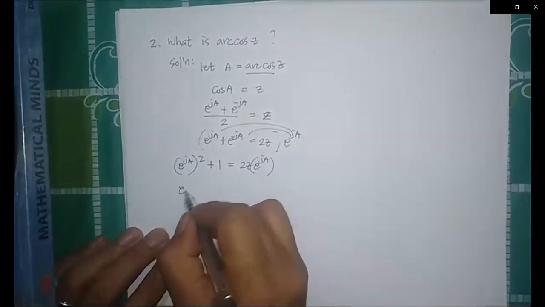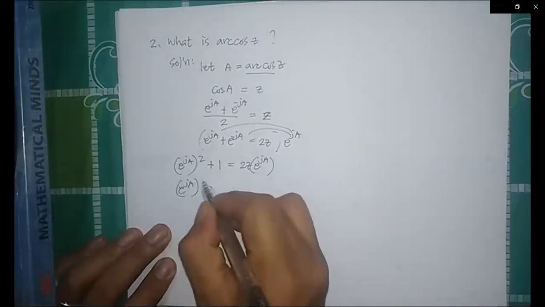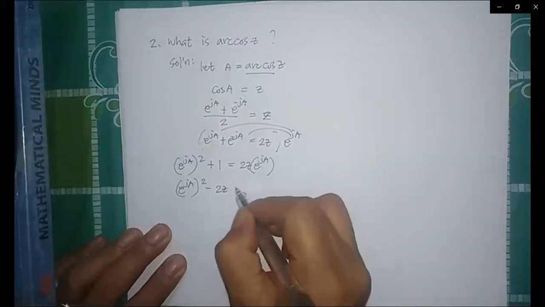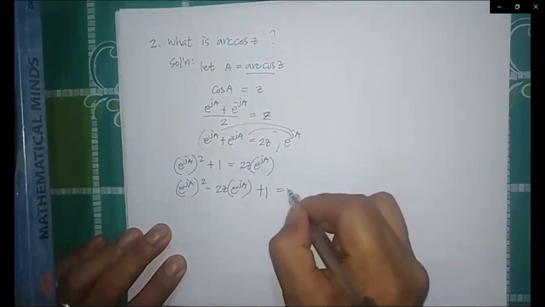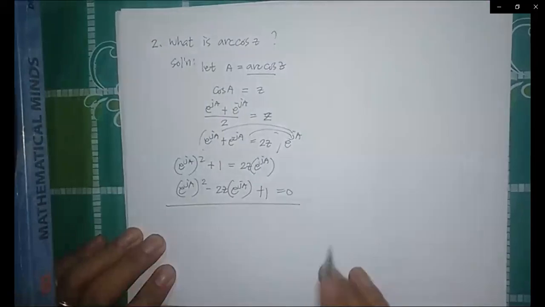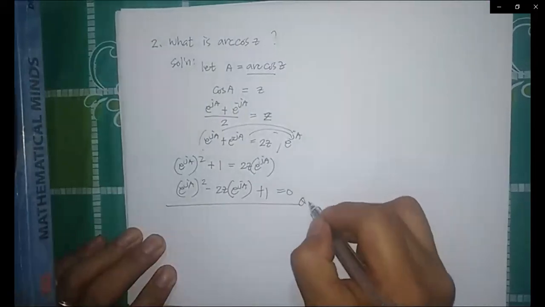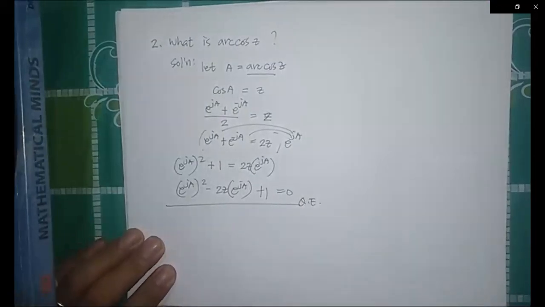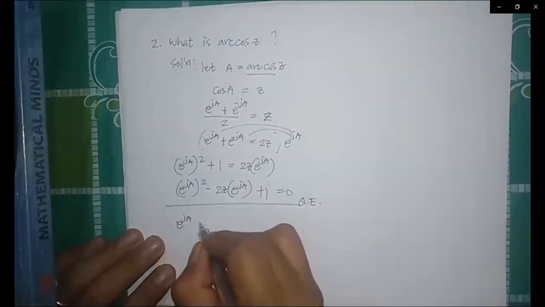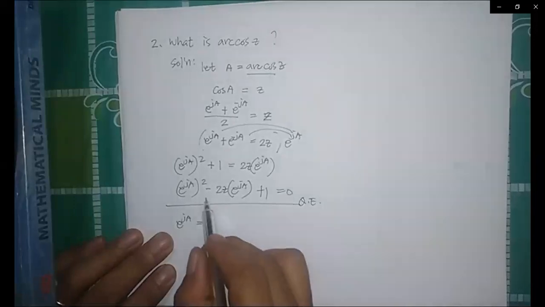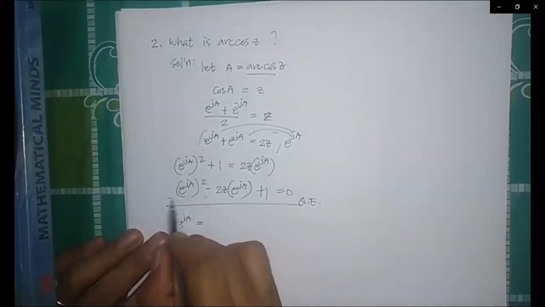Now, if we rearrange the equation, this will become e raised to ja squared minus 2z e raised to ja plus 1 equals 0. Now we have a quadratic equation of e raised to ja. So we are going to solve for e raised to ja by using the quadratic formula.